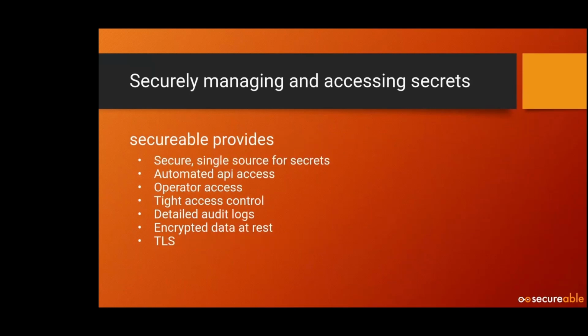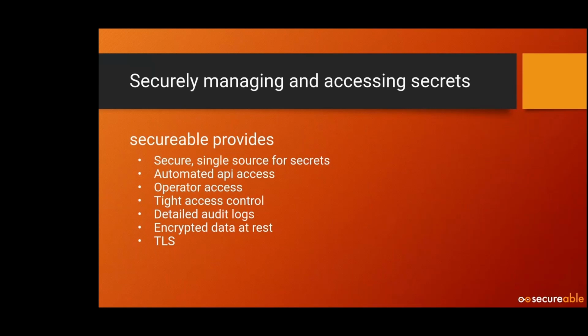So we provide a secure source for this. It has to be mentioned that all this data is secured at rest, automatically, or encrypted at rest. So if you get access to the database, for want of a better word, you can't decrypt it.